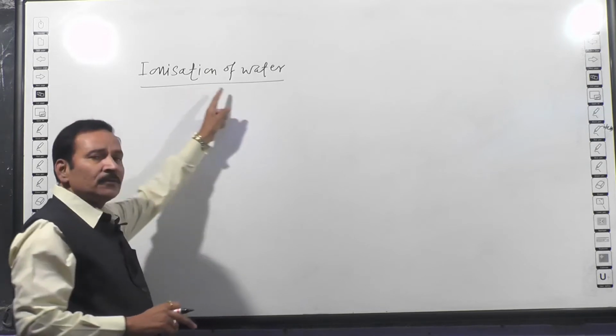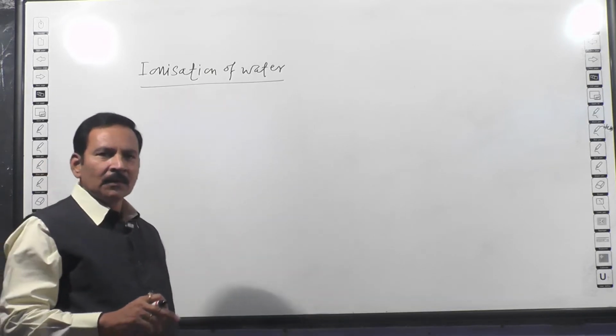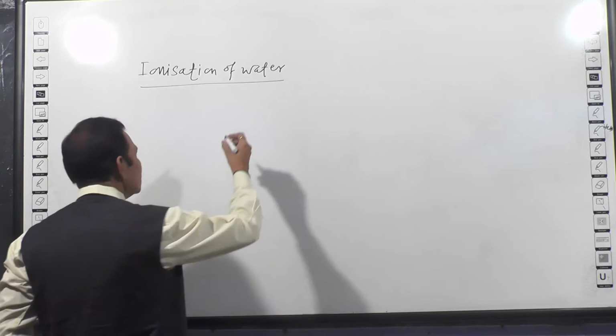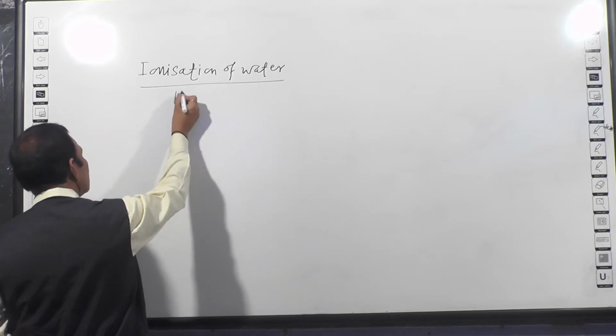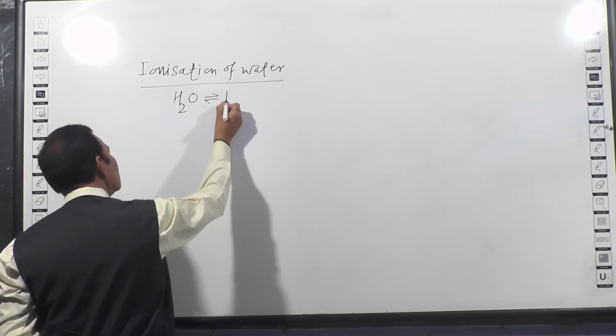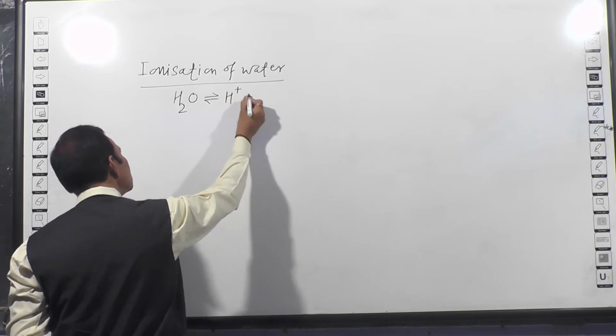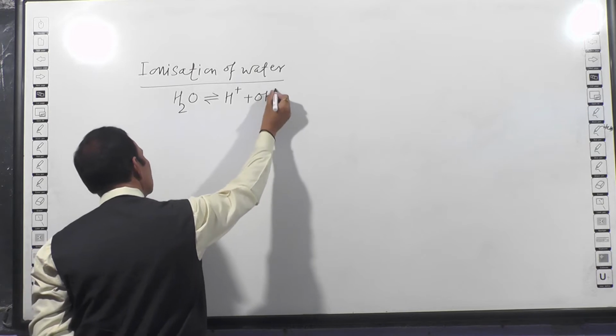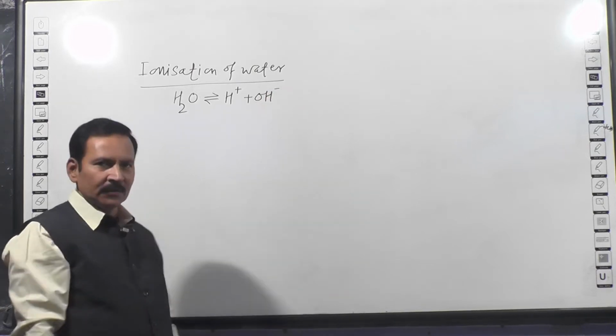So, ionization of water. The molecular formula of water is H2O. It dissociates reversibly to give H+ and OH- ions.